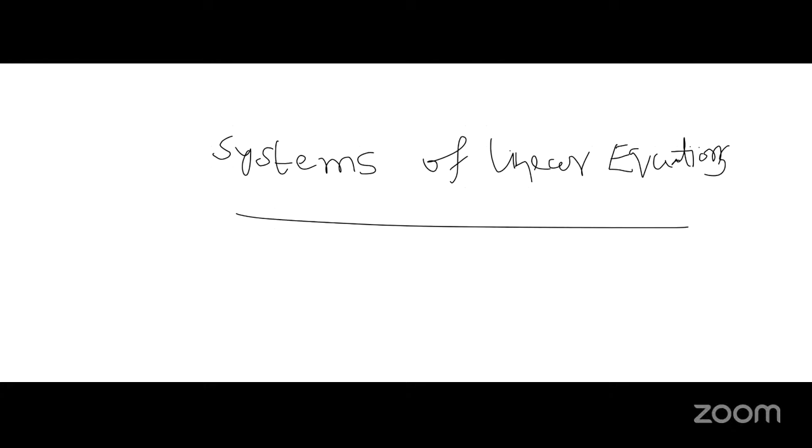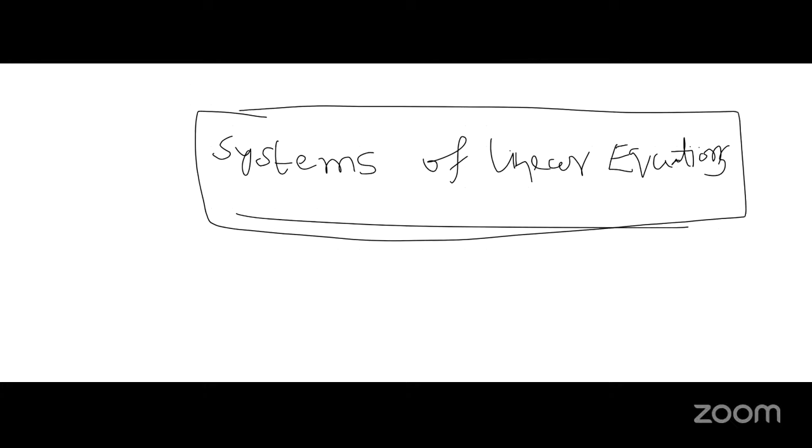So today we are going to discuss the system of linear equations. Quadratic equations are in the form of ax square plus bx plus c equal to 0.